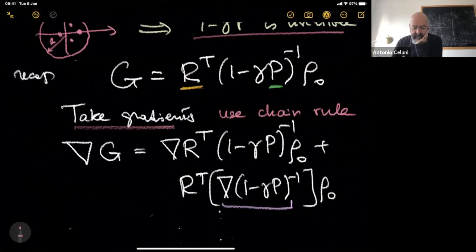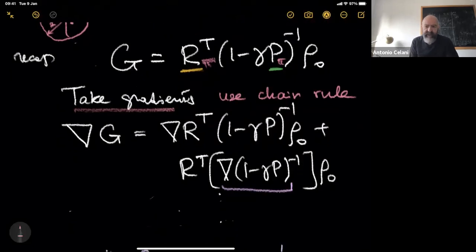Okay, so next step. There are 2 points in which there is a dependence on pi, like we said, here and here. So now, as a first step, we're going to take the derivative with respect to r. And if you take the derivative, well, it goes through. Here, this symbol means the derivative with respect to some object.